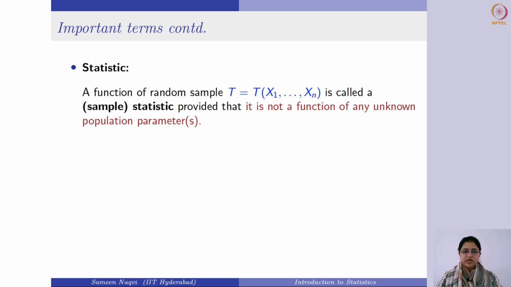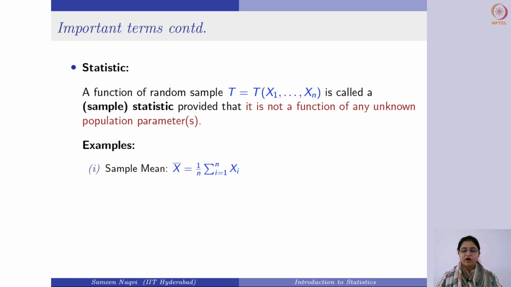Okay, so a sample statistic is basically a function of the random sample itself, provided it is not a function of any unknown population parameter. It can be any function of the random sample. You have taken out the xi's, right? And you can define any function as long as it is not a function of any unknown population parameter. You would refer to it as a sample statistic.